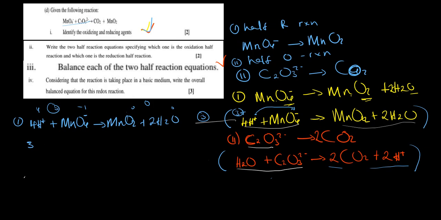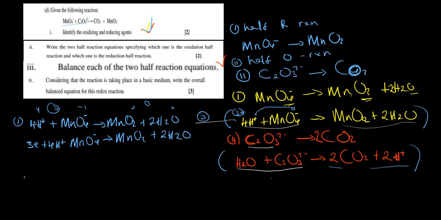So 3 electrons plus 4 hydrogen ion there to balance just the electrons, 4 like that, then manganese 2 there, plus H2O like that. That is for reaction 1.